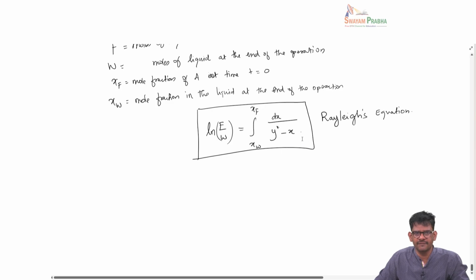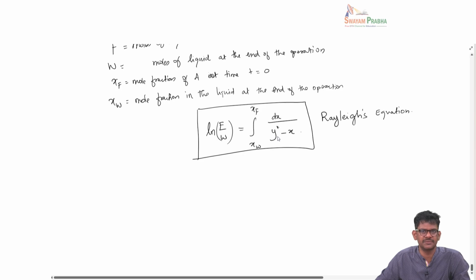But if you want to go anything further from here, suppose you want to find this out, what you need is a VLE data, right, xy data. On the right hand side you see that you have got variable x and then you got y also, and y is a function of x. So what you can hope to do is, if you know the VLE data in terms of xy data, you can write y in terms of x and then you can integrate this out.